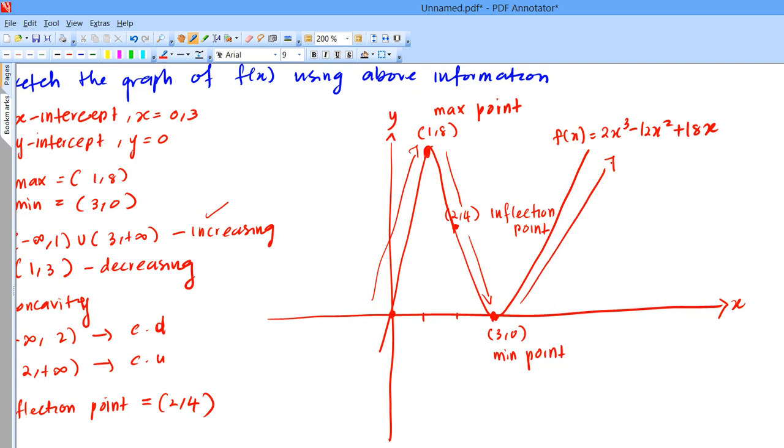So if we check based on concavity, from negative infinity to 2, this graph is concave down. Concave down means we have a maximum point. And then from 2 to positive infinity, this graph is concave up, which means we have a minimum point. So at this point 2, 4, the concavity changes from concave down to concave up. Okay, that's all. Thank you.